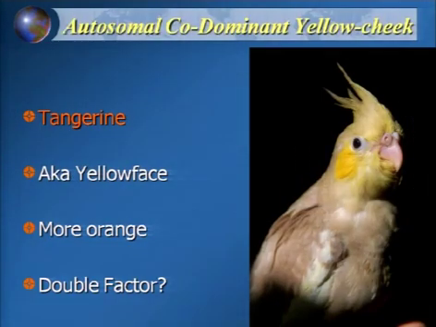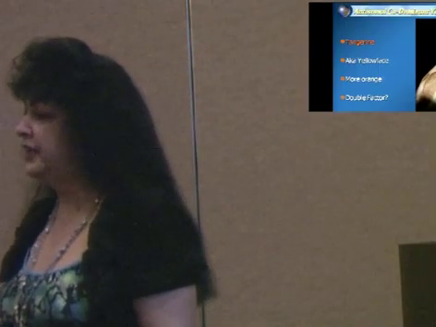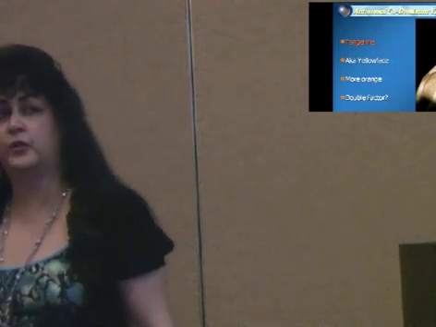Now, the next form of cheek patch variety is the codominant yellow cheek, and supposedly that's USA bred from Florida. And I remember when there was a lot of exchange in the National Cockatiel Society Journal about whether or not it was codominant, and people were writing back and forth.